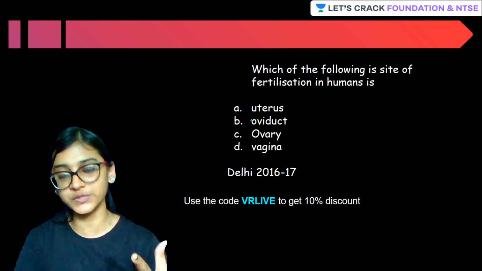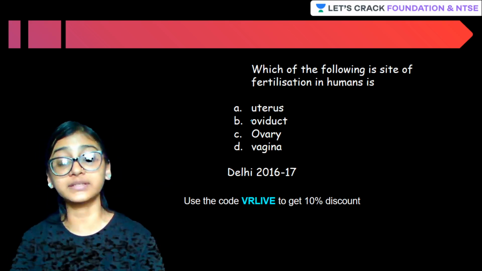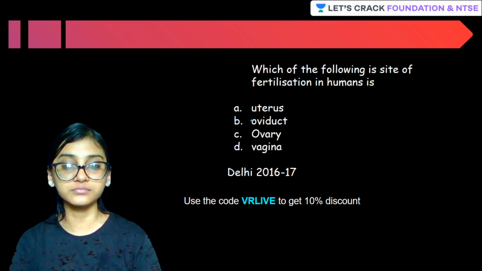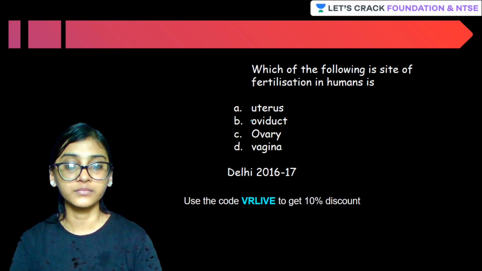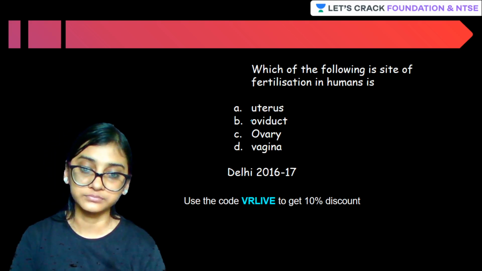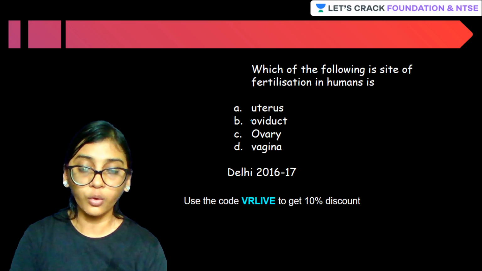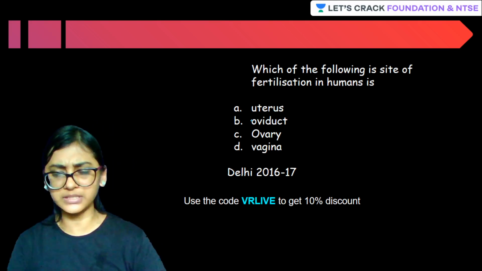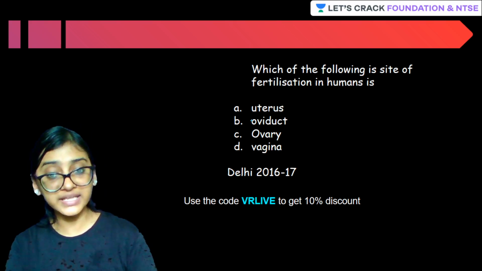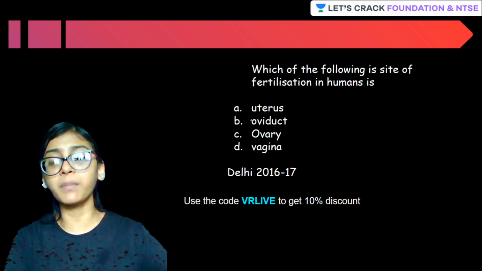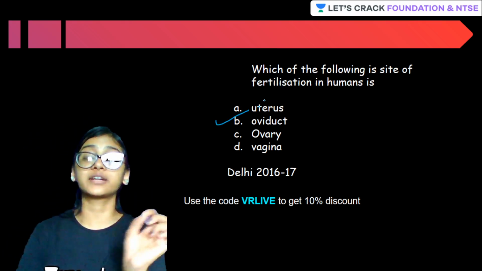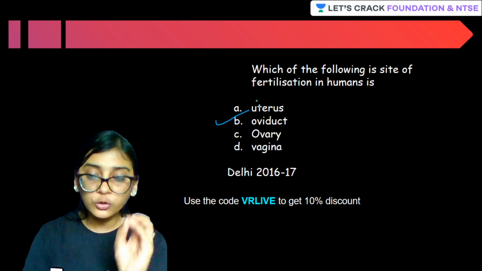Uterus, we call it womb. Oviduct, also called fallopian tube. Ovary is a term we use both in plants and in animals. Ovary and vagina are parts of the female reproductive structure, and the answer is very simple: oviduct, the fallopian tube.